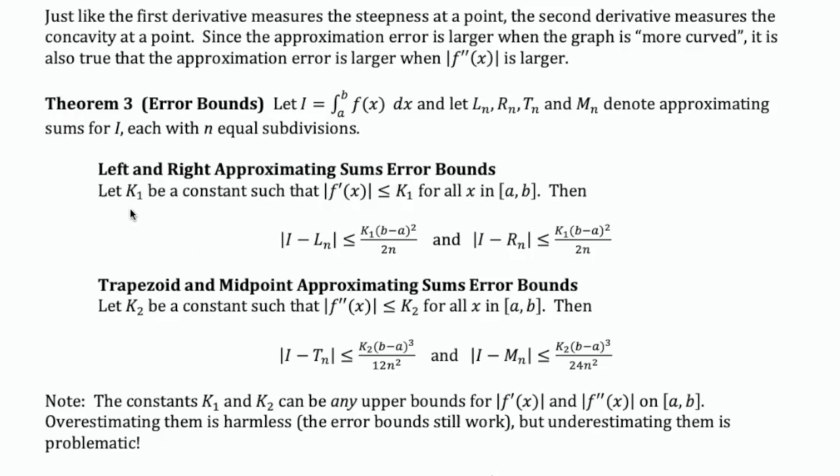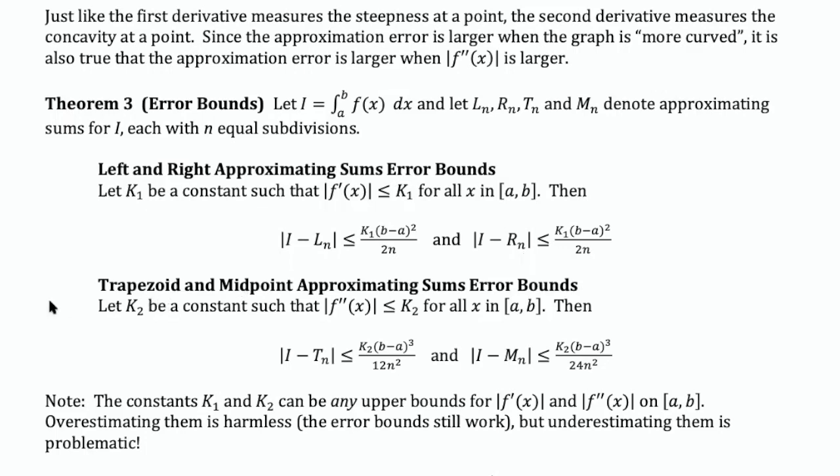We are going to be able to choose a constant that is always bigger than or equal to the steepness of the graph. And then using that constant, we can calculate the largest that the error can possibly be. And it turns out it's the same formula for both left and for right.